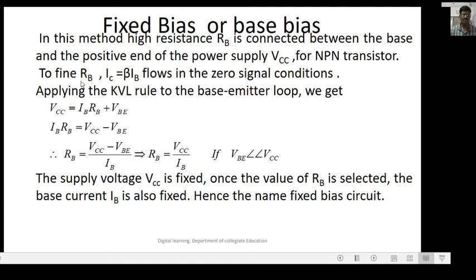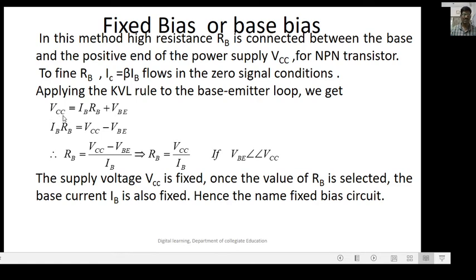To find RB, IC is equal to beta IB flows in zero signal conditions. Applying the KVL rule to the base emitter loop, we get VCC is equal to IBRB plus VBE. So IBRB is equal to VCC minus VBE. Therefore RB is equal to (VCC minus VBE) divided by IB.